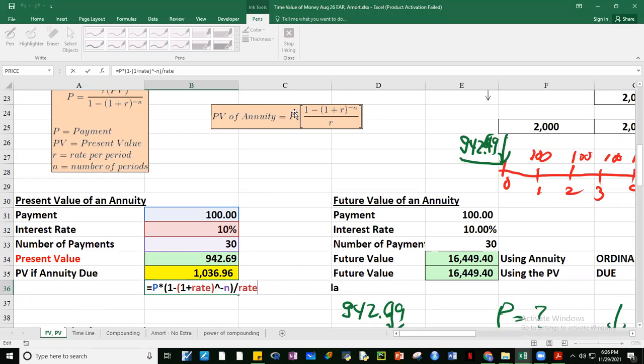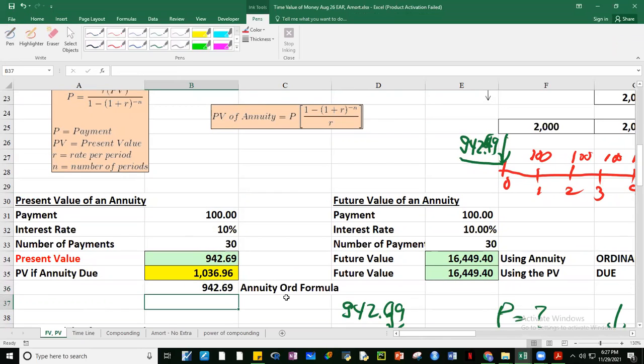This is P, the annuity, times the quantity 1 minus 1 plus the rate raised to the negative n, divided by the rate. Mathematically, that's how you compute for that, and we also get 942.69. Any questions, guys? Clear so far?